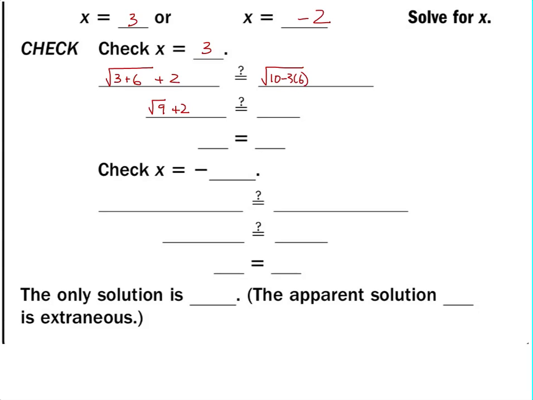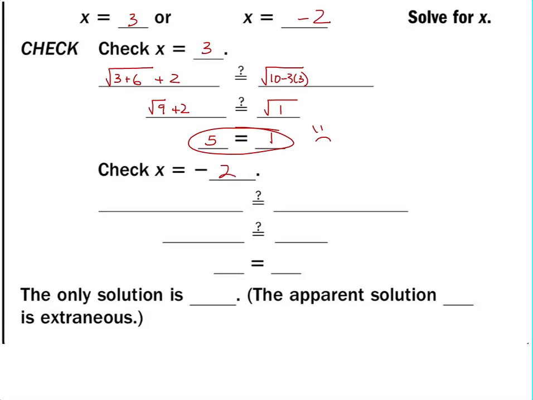I'm sorry. It should not have been a 6 I put in there. It should have been a 3 because I'm putting the number in for x. So square root of 10 minus 9, so square root of 1. So on the left, square root of 9 plus 2, that's 3 plus 2, so that's 5 equals 1. And we say with great confidence that that's a bunch of baloney. Not happening.